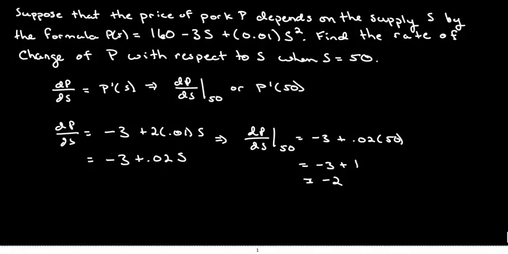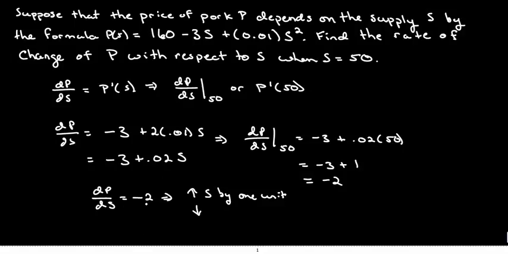So the change in price with respect to the supply is negative 2 at 50, which tells us that if we increase the supply by 1 unit, we'll see a rough decrease.